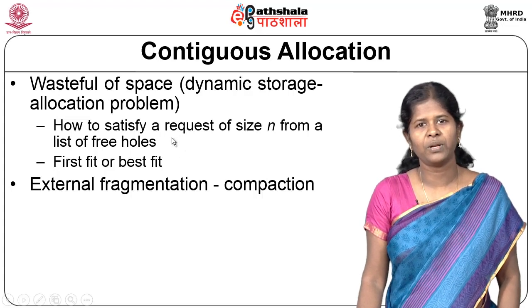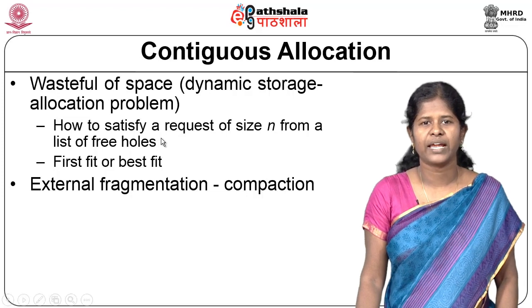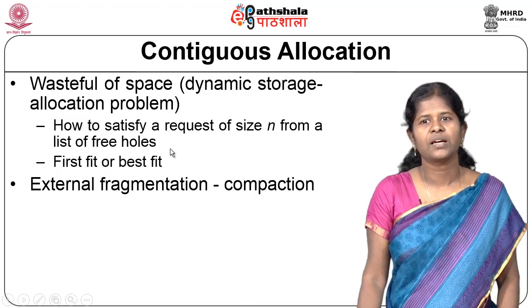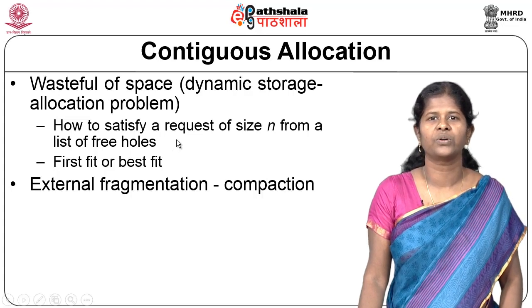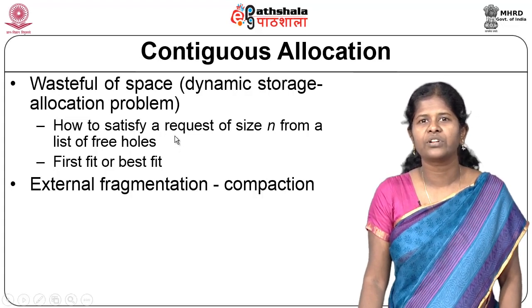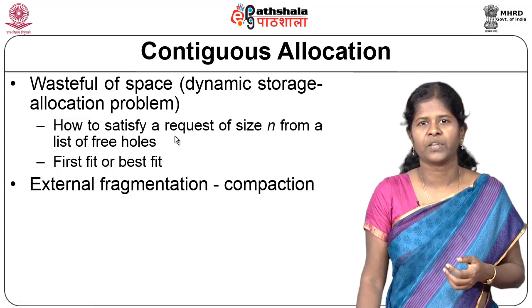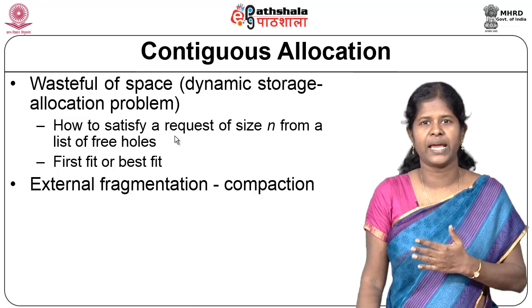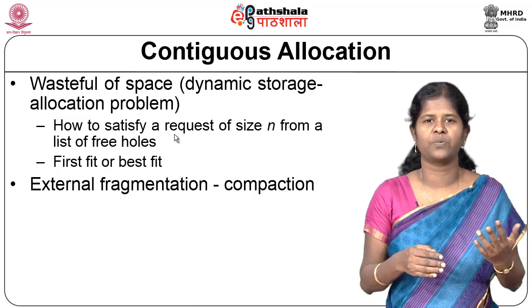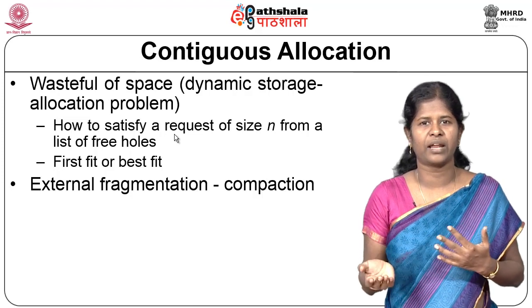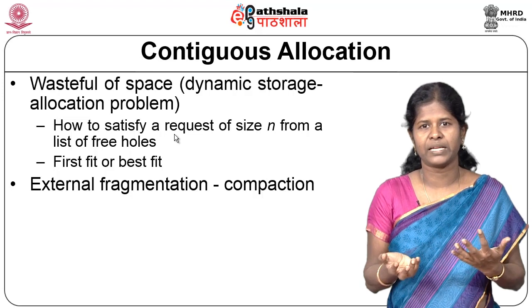And the next problem with this contiguous allocation is that it is possible to have external fragmentation. That is, once you start allocating and deallocating files and so on, in due course of time you will have free disk blocks here and there in the disk. You may not have contiguous say 10 free disk blocks, but you may have say 2 disk blocks which are free in one place, 1 in another place, say 2 more in another place and say 5 more in another place, and so on.